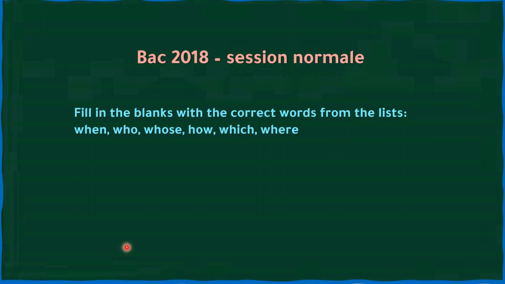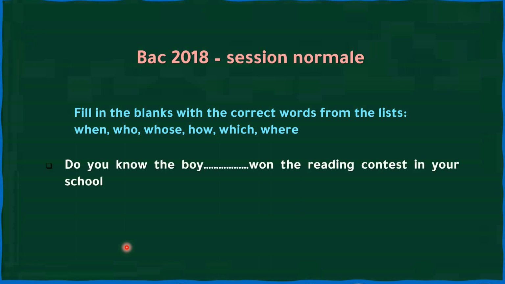Yes, the last one is extracted from Baccalaureate of 2018 session, normal session. Fill in the blanks with the correct words from the lists: when, who, whose, how, which, where. The first sentence: do you know the boy won the reading contest in your school?